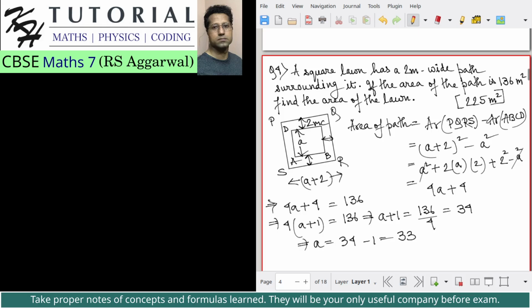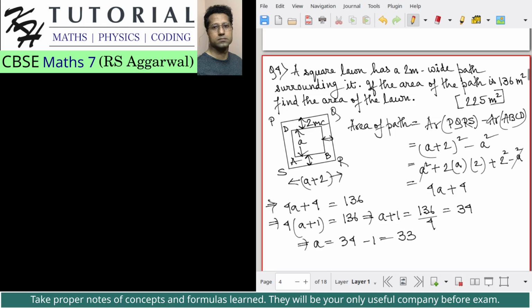So 4A plus 4 should be equal to 136. If I take 4 common, I have 4 into A plus 1 is equal to 136. This implies A plus 1 should be equal to 136 by 4, which is 34.